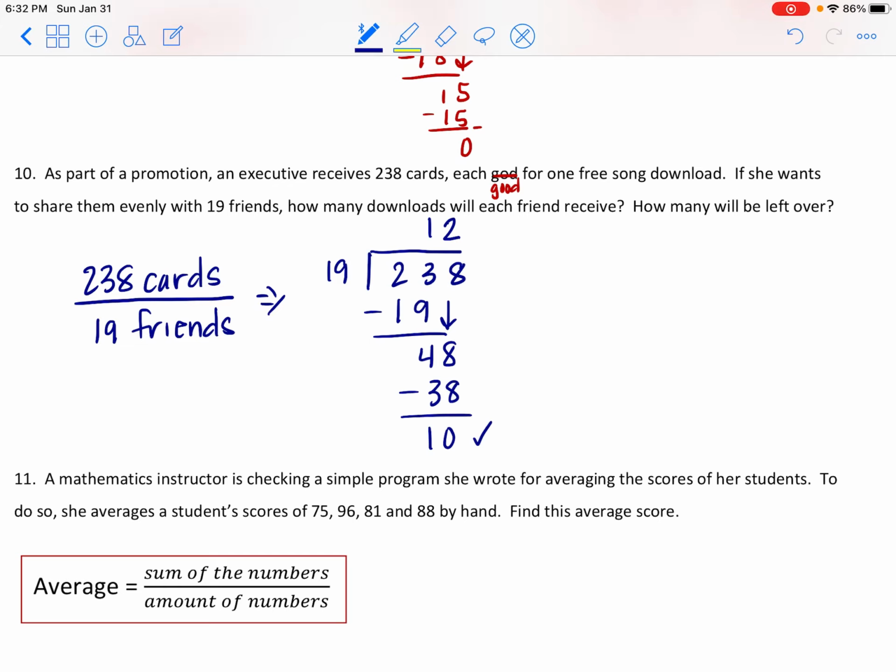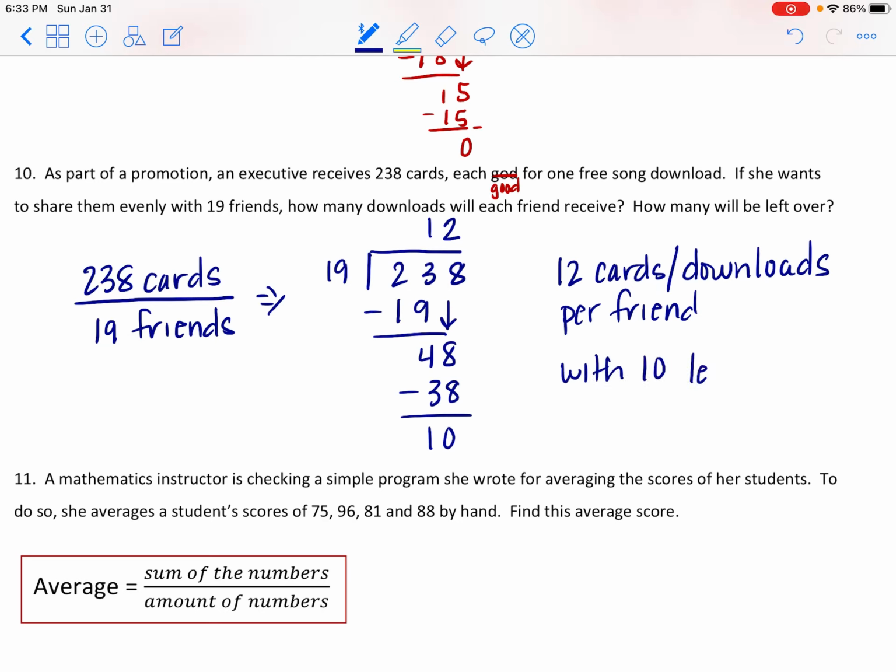So if she doesn't want to make an uneven amount there, make anyone jealous, then each friend, let's just say 12 cards or downloads, whatever you want to call them, per friend, with 10 left over. The leftovers being the remainders.